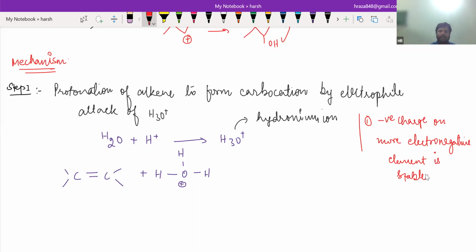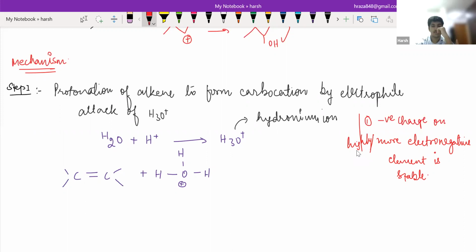If an element is highly electronegative and it has a negative charge, it is stable. Are you getting my point? And if a highly electronegative element has a positive charge, then it is less stable. Are you getting my point?